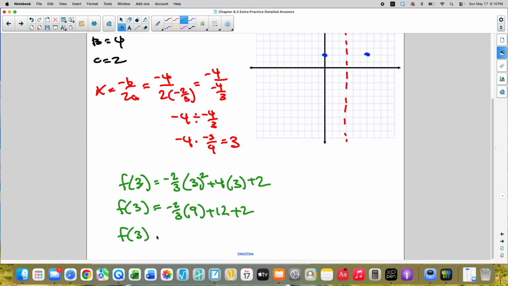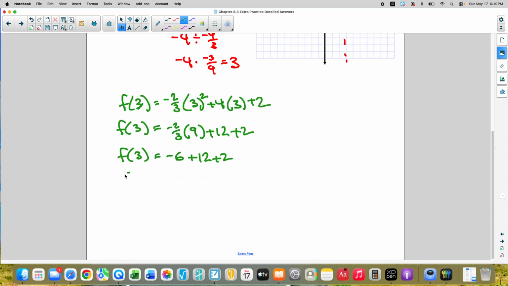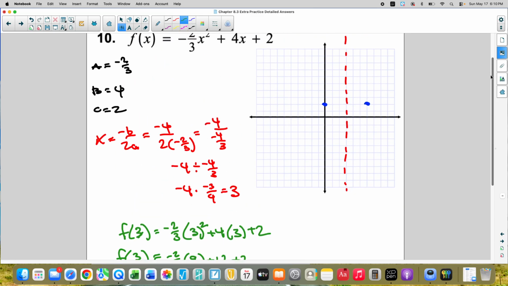F of 3 equals negative 6 plus 12 plus 2. F of 3 equals 8. So we have 3, 8 as my vertex. 3, 8 is going to be that point upside down. Yep, that's what we were expecting to get.